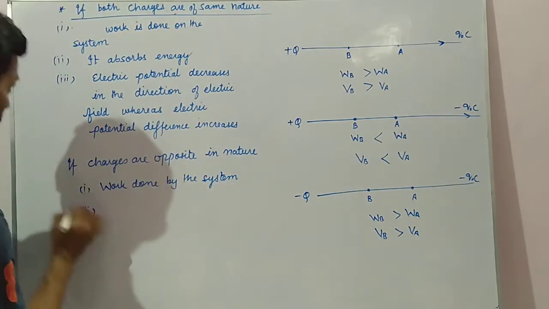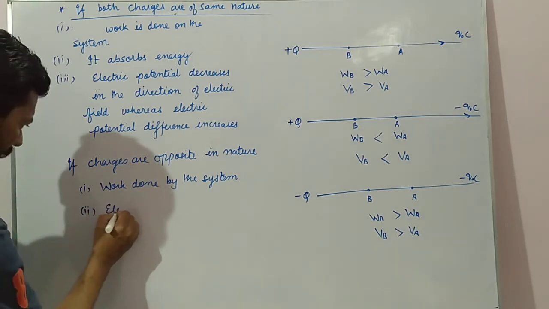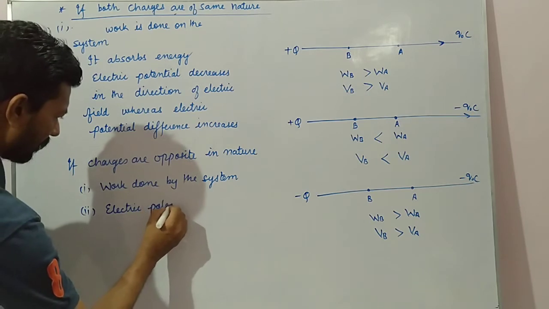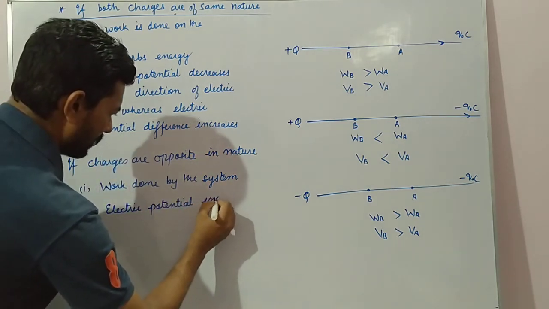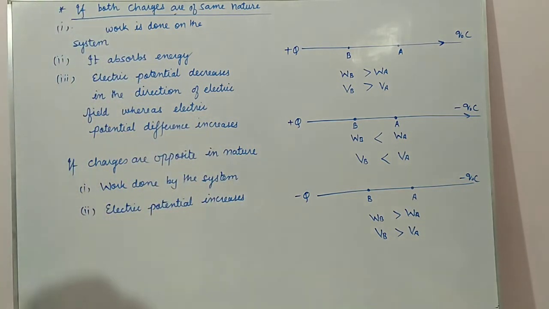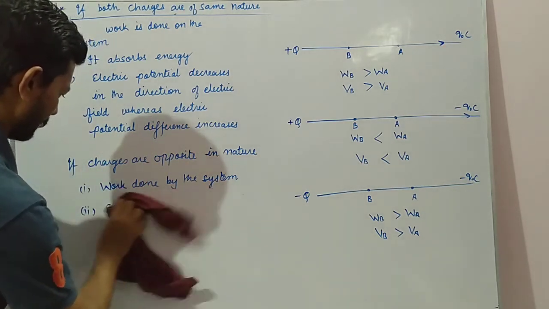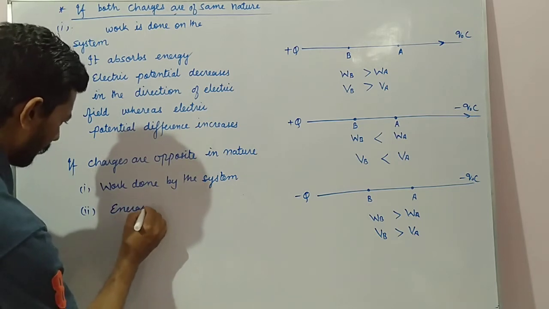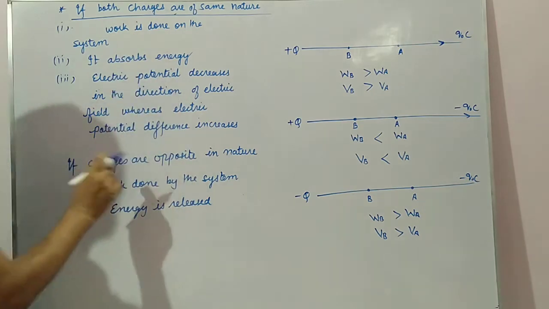Number 2, electric potential increases, just opposite, increases. Second point, that is it releases energy. Energy is released. Just opposite to this one.